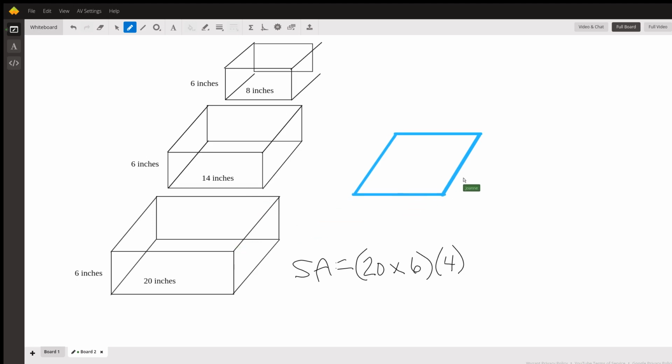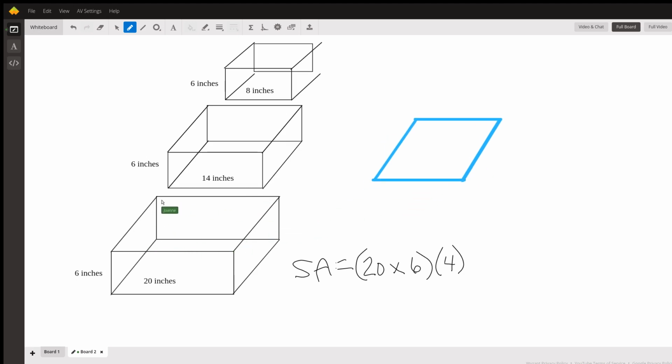And so essentially what I'm going to have is a square that's 20 by 20 inches with a square inside it that is 14 by 14 inches cut out. So to calculate the surface area of the cake that's going to be covered in frosting, it's going to be this part here.